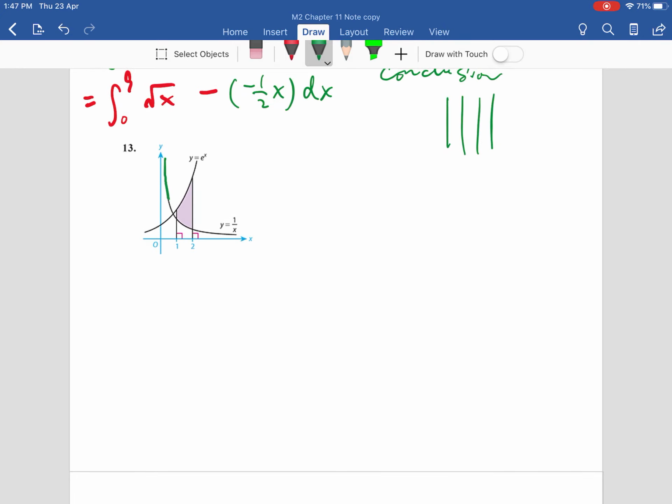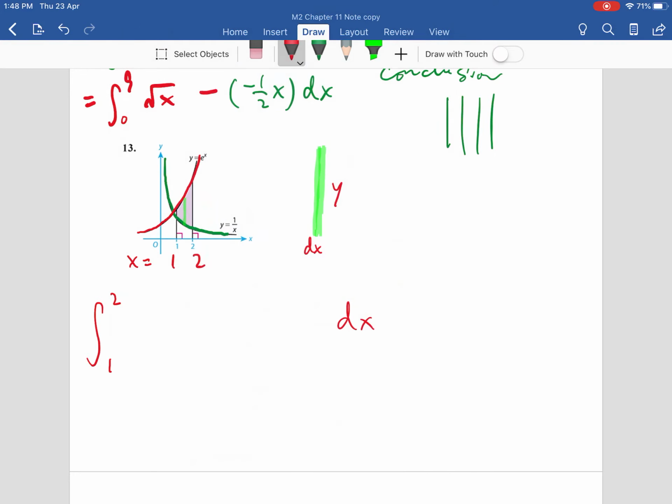Question 13. I call this green, and then I call this red. From 1 to 2, these are x. So it is very simple. You must cut vertically. It is easy. You cut vertically, so each strip has width dx, and the value is y.